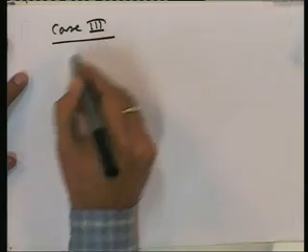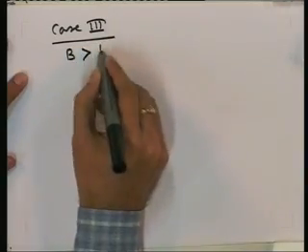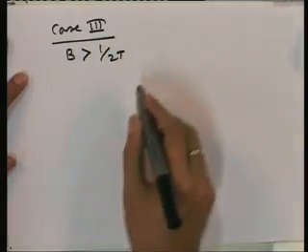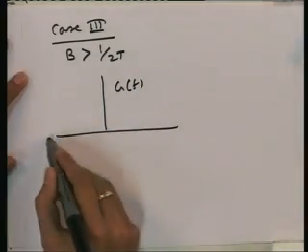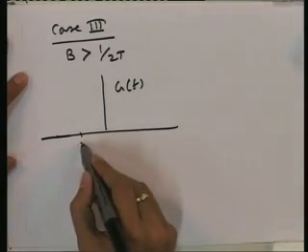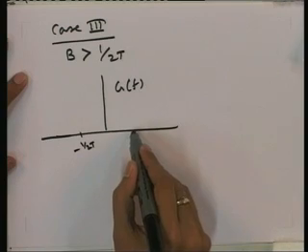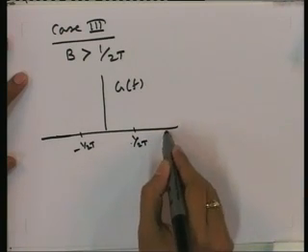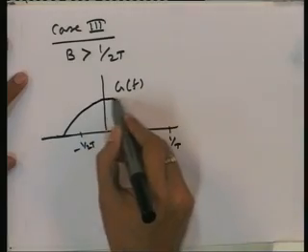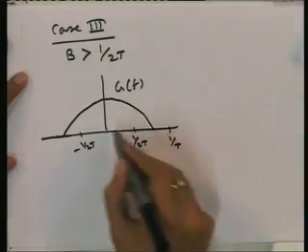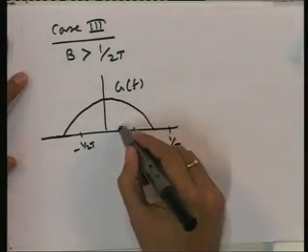Now we have another case, that is B greater than 1 by 2T. So case 3, B is greater than 1 by 2T. In this case, what may happen is that G(f) is, this is 1 by 2T, this is 1 by T. So it may be something like this, but when you shift it to this, it will overlap here.